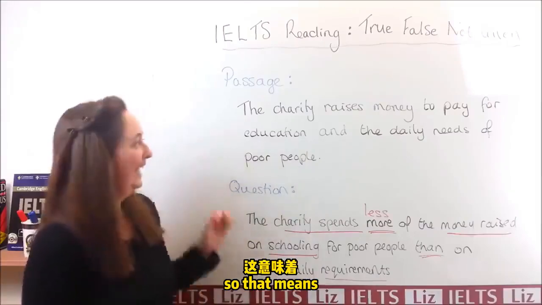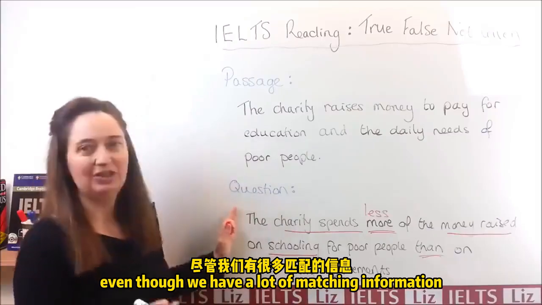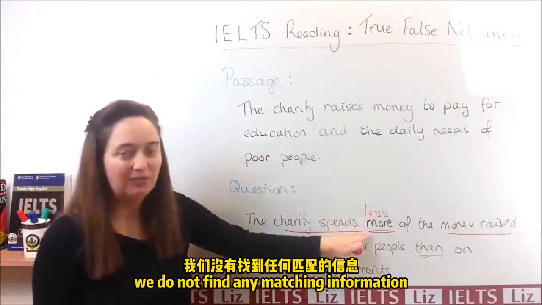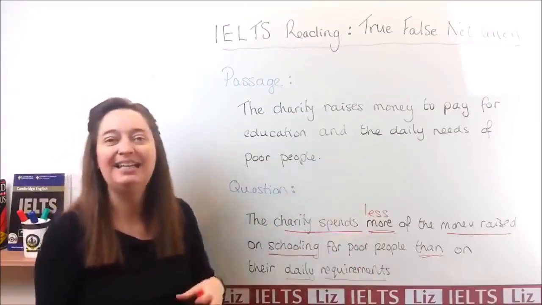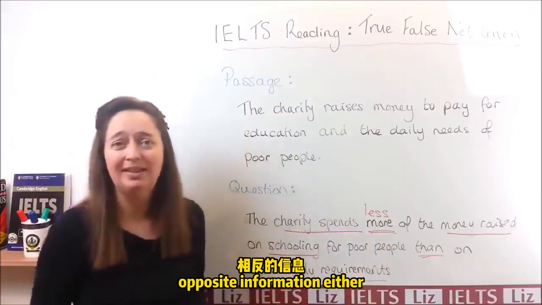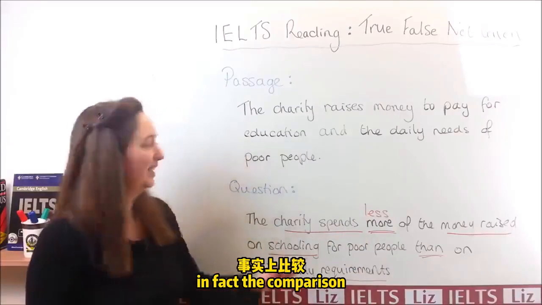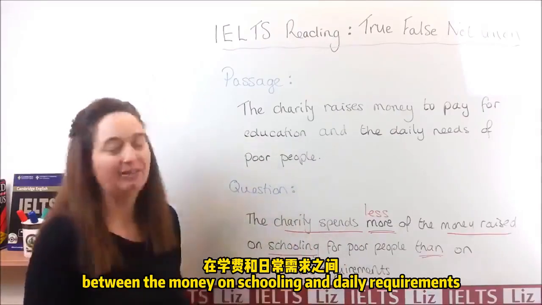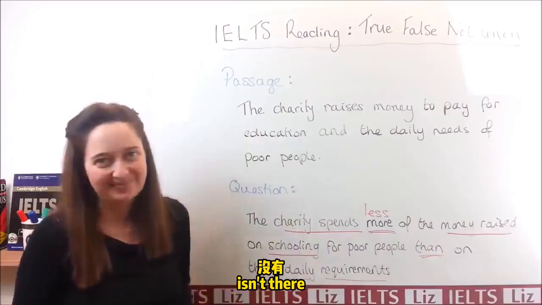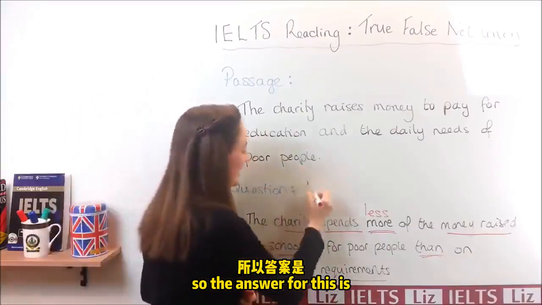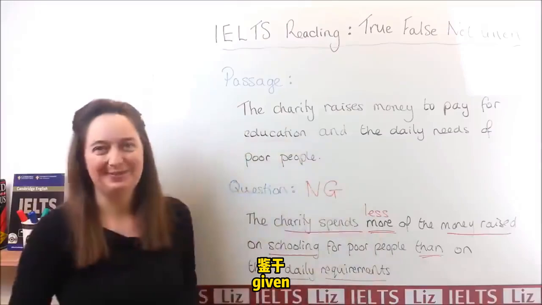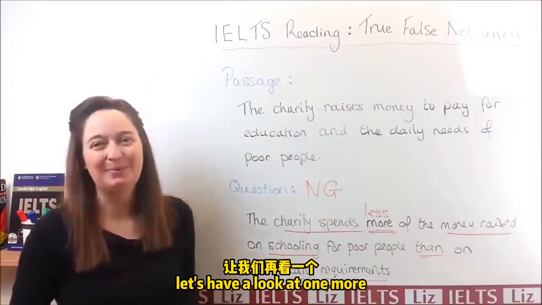So that means even though we have a lot of matching information, we do not find any matching information and we do not find any opposite information either. In fact, the comparison between the money on schooling and daily requirements isn't there. So the answer for this is, have you got it? Not given. Let's have a look at one more.